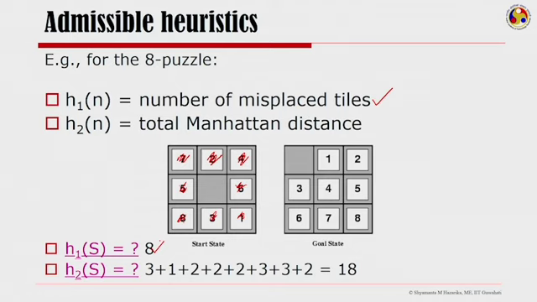Now remember what a heuristic value is. It is an estimate from the current state to the goal state. So the expectation is that by taking some 8 moves, I would be able to go from here to here. Let us look at the second heuristic, the total Manhattan distance. Let us look at each tile one by one. Let's take number 1.